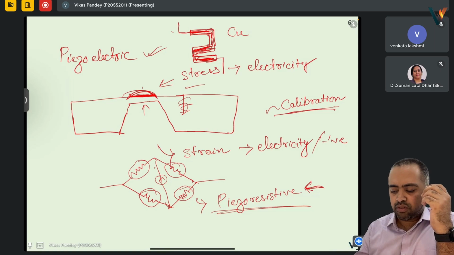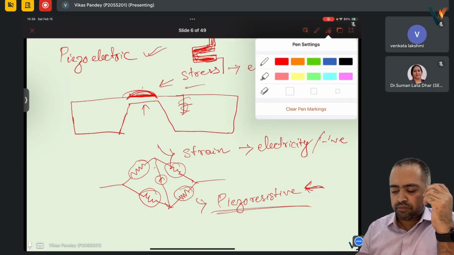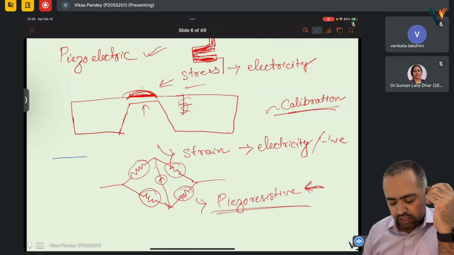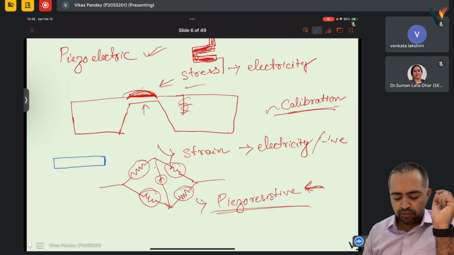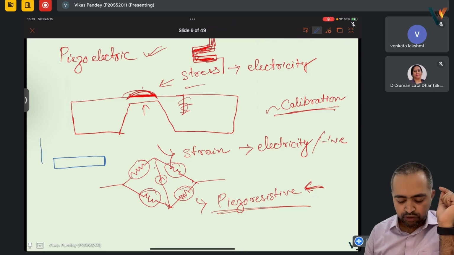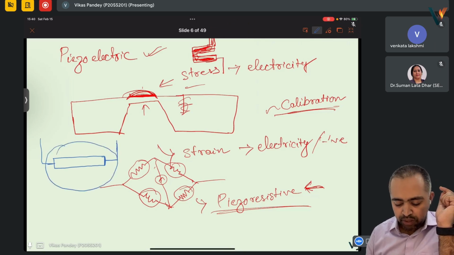let's take a simple strip kind of structure on the top, and we are connecting it with electrodes. And this structure is over the membrane.